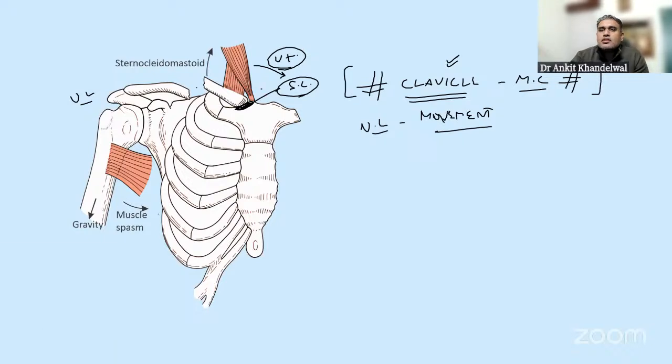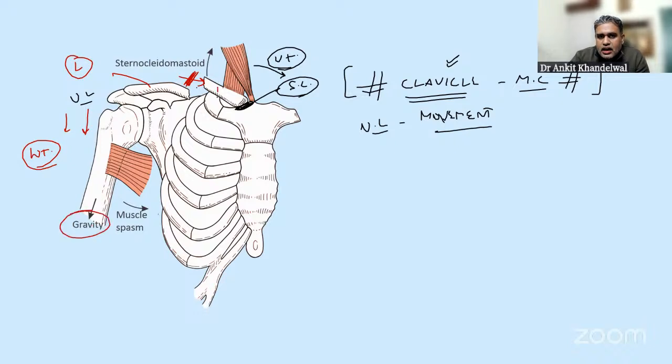The other point is, if you look at the lateral part of the broken clavicle, you can see that it is going down. Why? Because of the whole weight of the upper limb. Because now the weight transmission is disturbed. It is disturbed because the clavicle has been fractured. So the lateral end of the clavicle is going down due to the weight, or the gravity, as written over here.